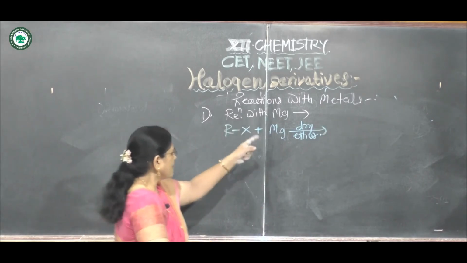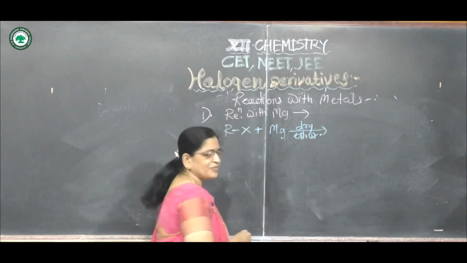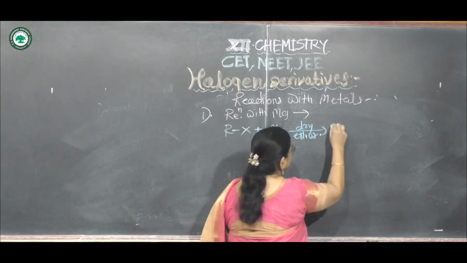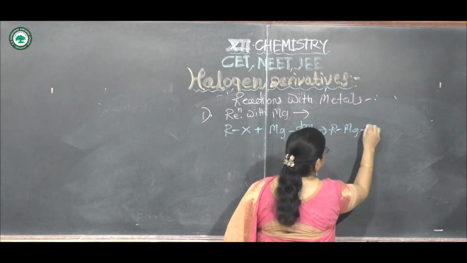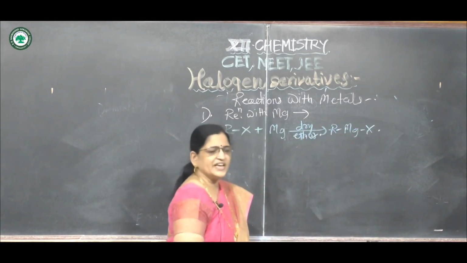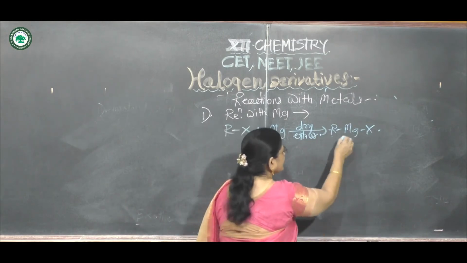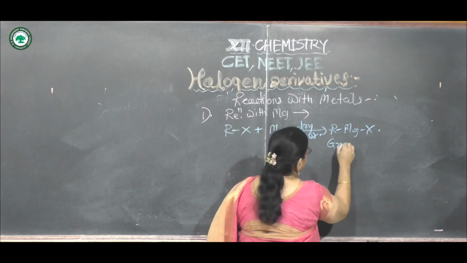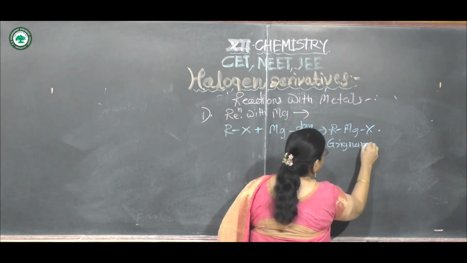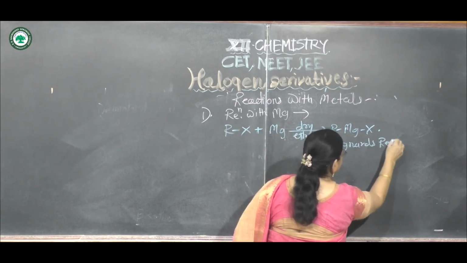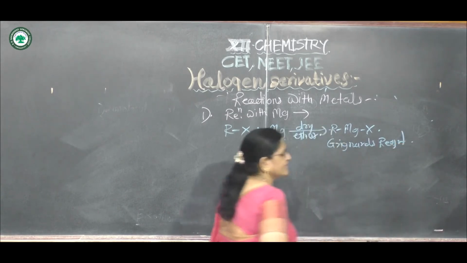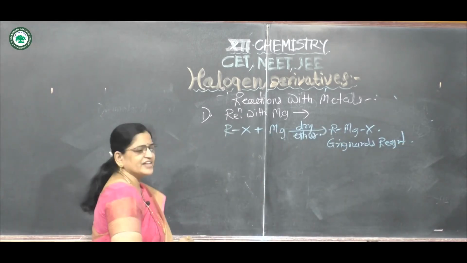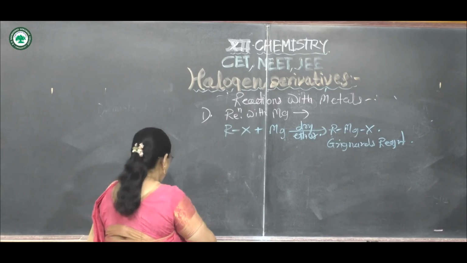If it reacts with magnesium in presence of dry ether, it gives RMgX. This is called alkyl magnesium halide, and this product is called Grignard's reagent. This is the first reaction with metal, that is with magnesium.